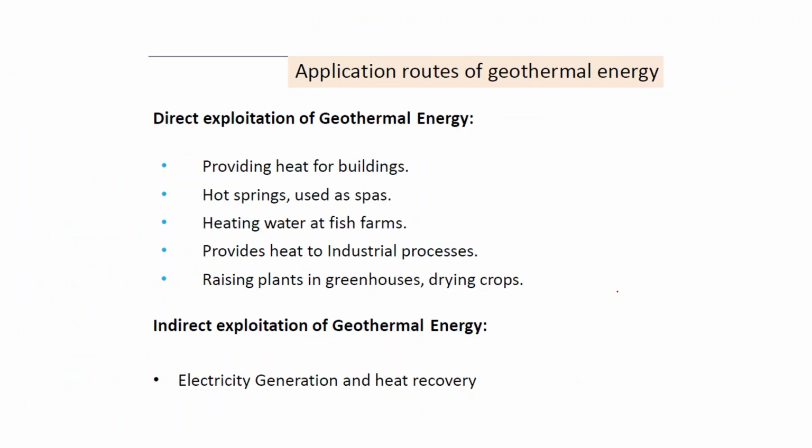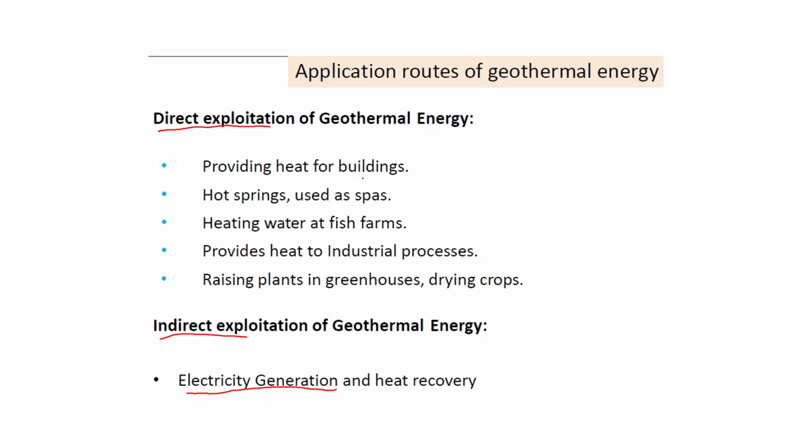Coming to the various applications of geothermal energy, it is used either in a direct way or an indirect way. The indirect way is basically conversion of this heat energy by heat recovery into electrical energy.